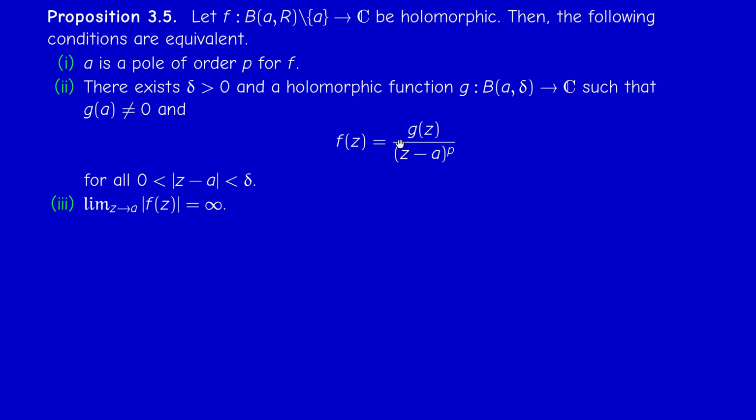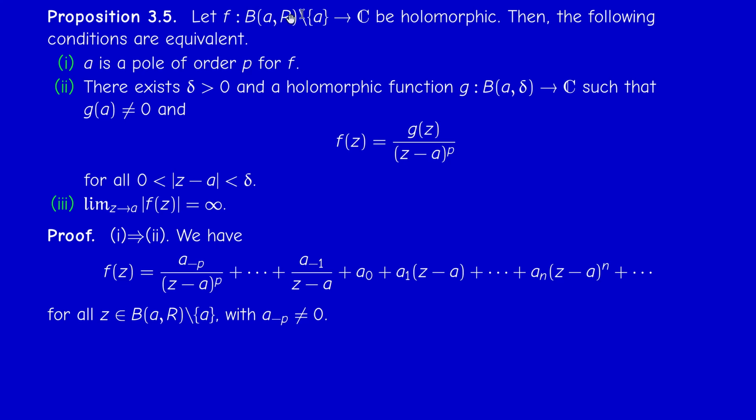Two, I can write f as the quotient of a holomorphic function over (z minus a) to the p, with g of a not 0. And three, the limit of the modulus of f of z as z tends to a is plus infinity. Let us prove first that one implies two.